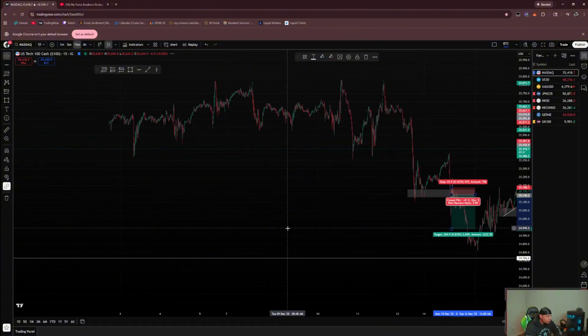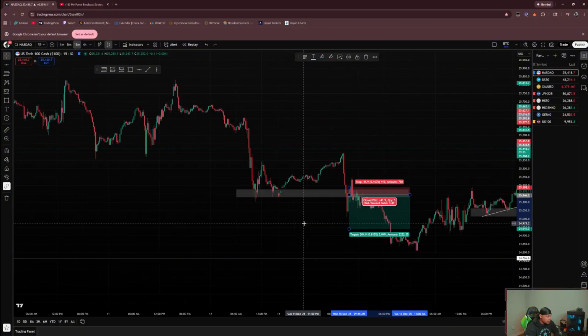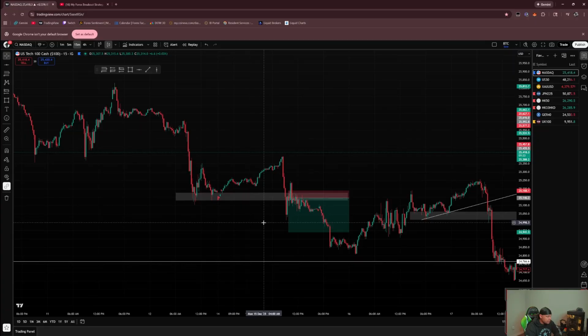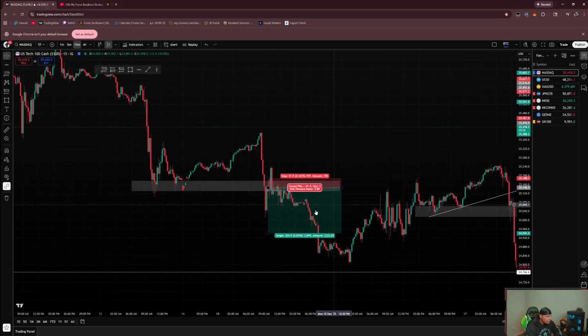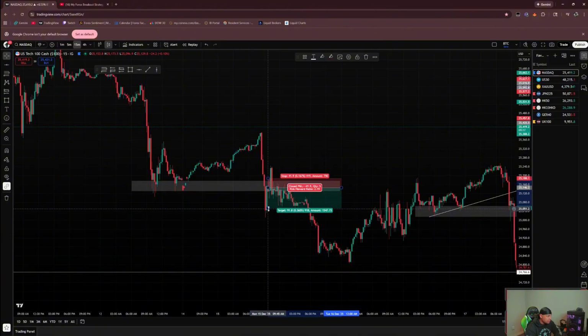So once I got in a short position, we really don't have anything to the left. When we don't have stuff to the left to look for as a take profit, I would typically just target like a 1 to 2 just to be safe. I target a 1 to 2, which is actually the bottom of that candle.